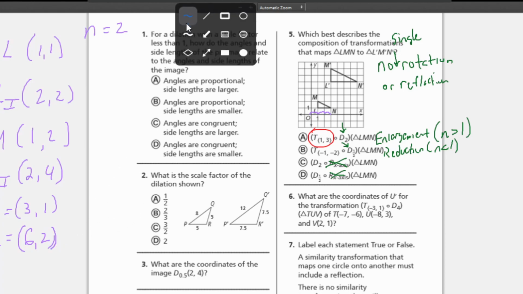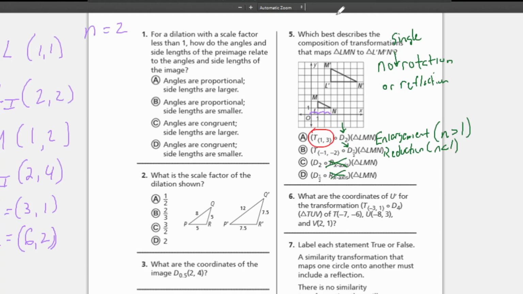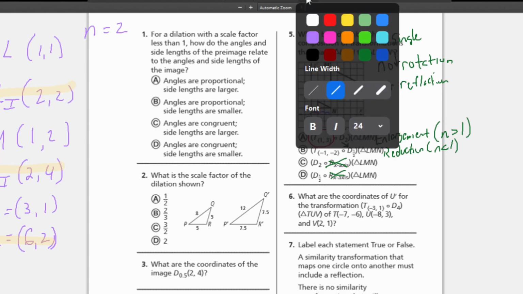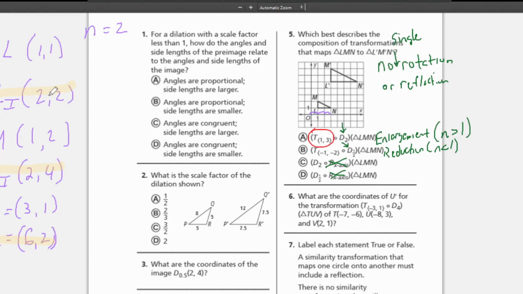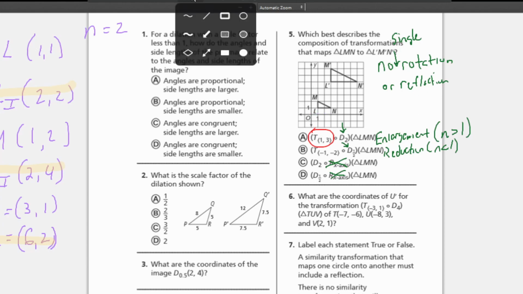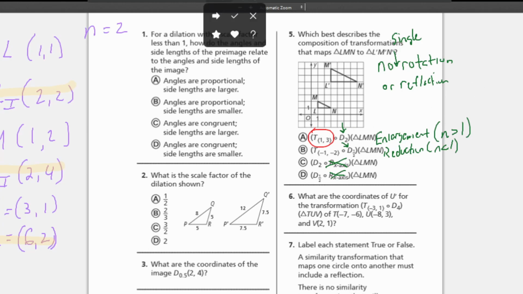So let's go ahead and make sure we highlight the ones that we want to graph. That's going to be L intermediate, M intermediate, and N intermediate. L intermediate is going to be at 2, 2, so let's put that there. Oh, let me get rid of that. Just keep it as clean as possible. 2, 2 is 1, 2, 1, 2.